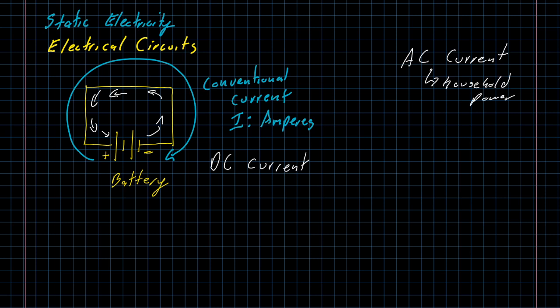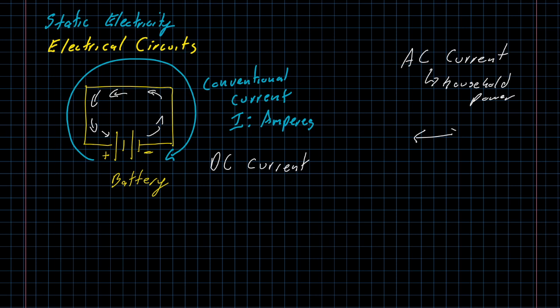AC current is notable because it is the most efficient way of transmitting electricity over long distances for a bunch of reasons that are beyond the scope of this course. And so AC current is what is flowing through the electrical outlets in your house. And that's why when you plug something like a phone charger into the wall, you have to put this big brick in, which converts an AC current into a DC current, which your phone is able to handle.